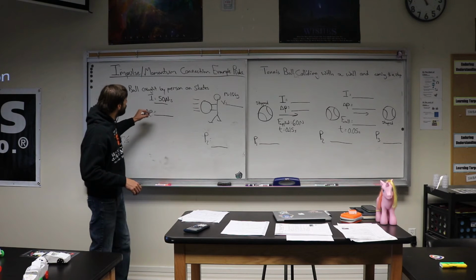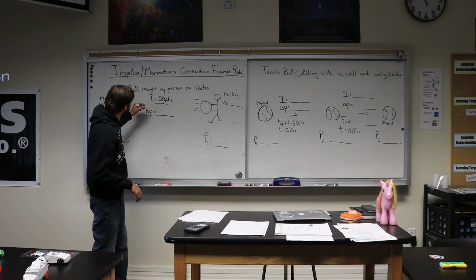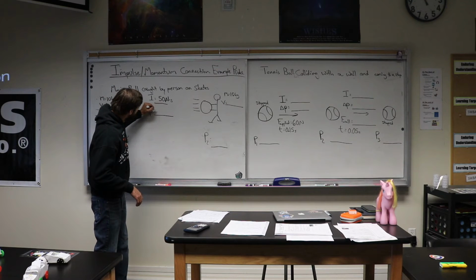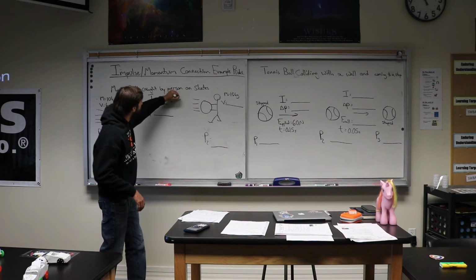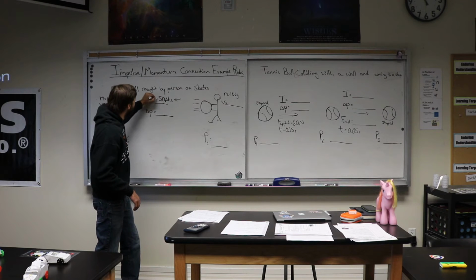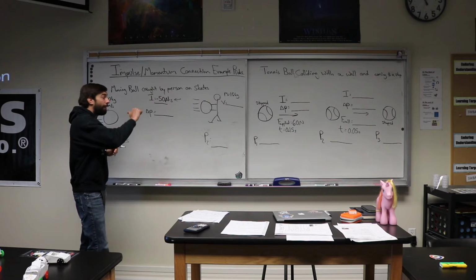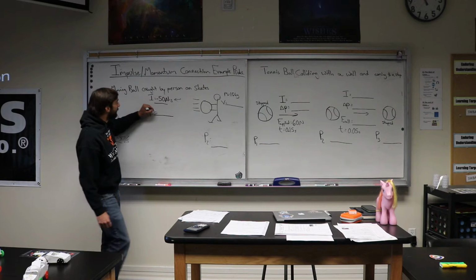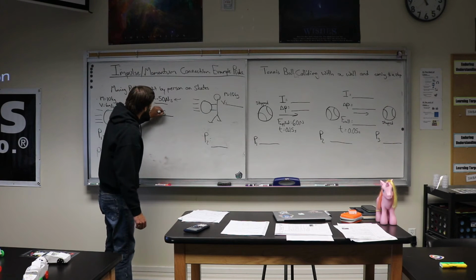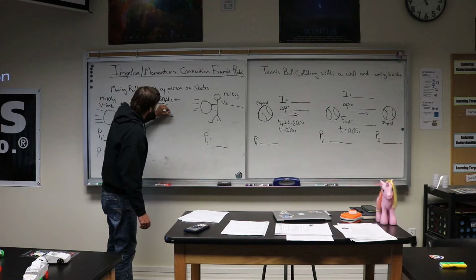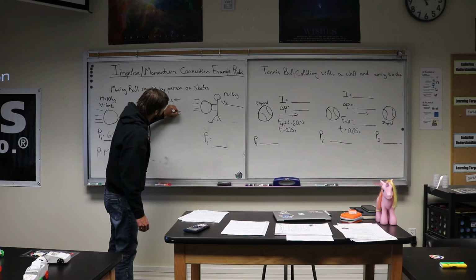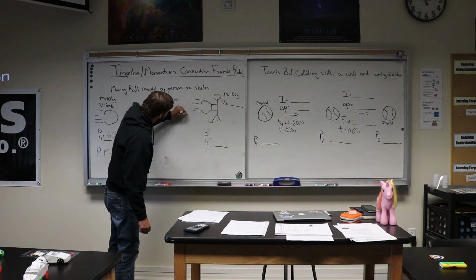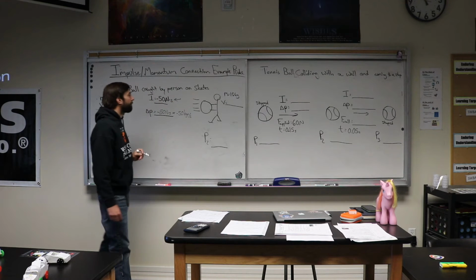So our change in momentum is going to be, and this was to the left, or a negative 50, so that way. And our change in momentum is going to be negative 50 Newton seconds, or negative 50 kilogram meters per second.